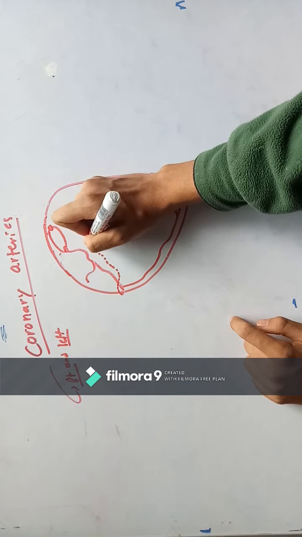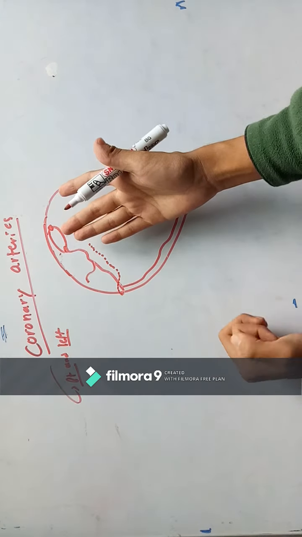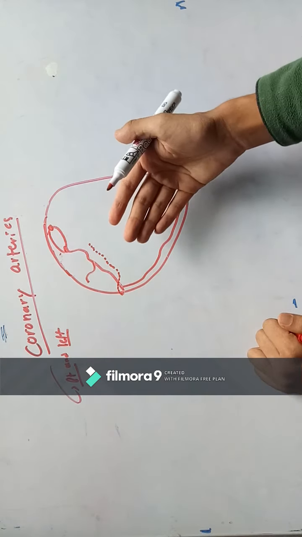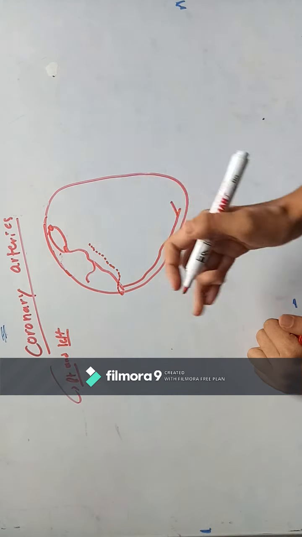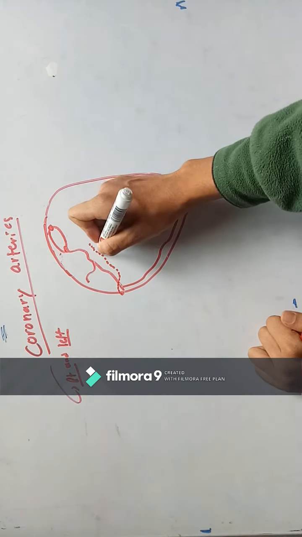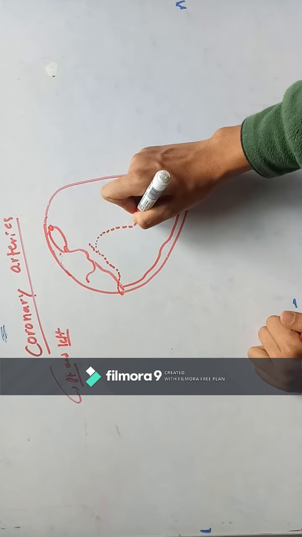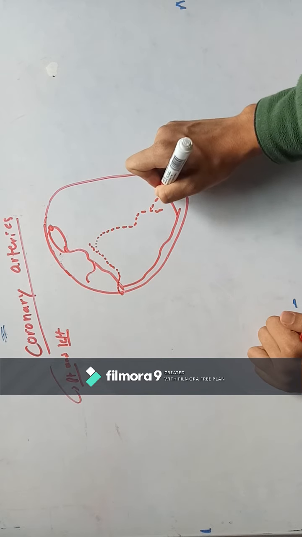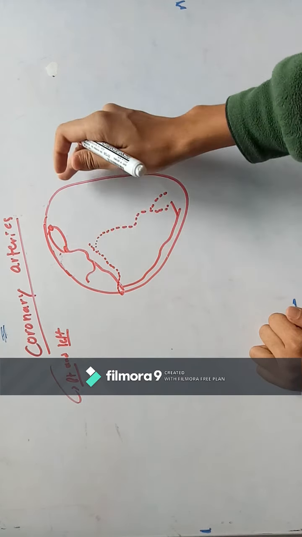This dotted line represents the pathway towards the posterior side. Since this is the anterior view, we cannot see the posterior side, that's why I'm showing it in dotted form. At the posterior side, the right coronary artery gives another really important branch, called the right posterior interventricular branch.